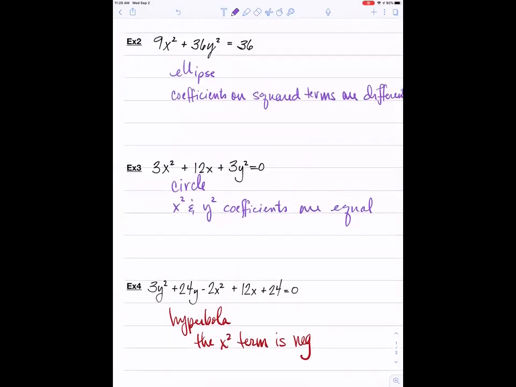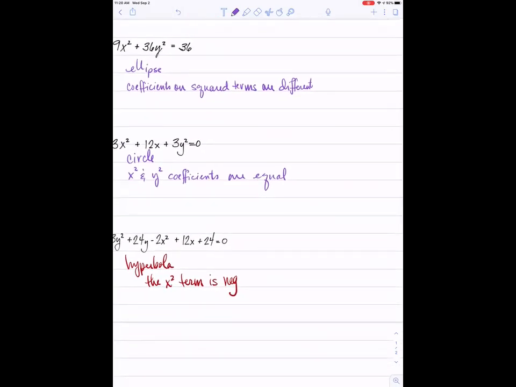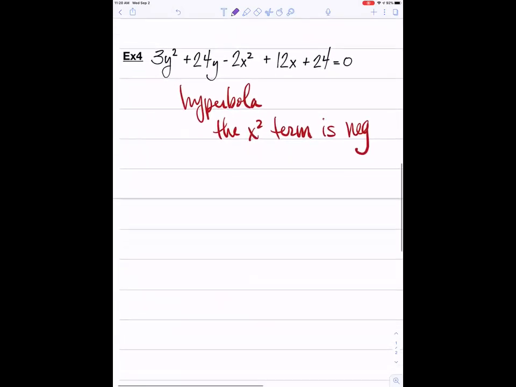So you ready? This second part is really easy. Coefficients on squared terms are different, and pause. Same thing for the circles, because I could have coefficients on the hyperbola that are the exact same number. So it's the same thing here.